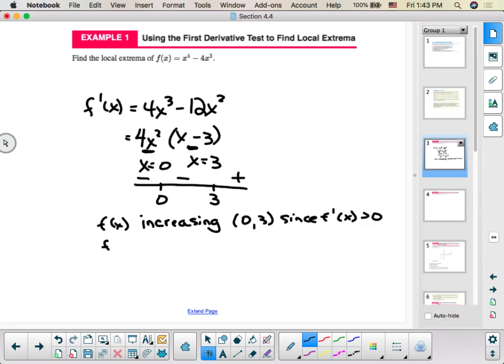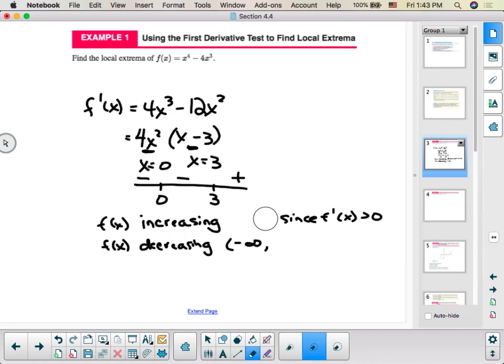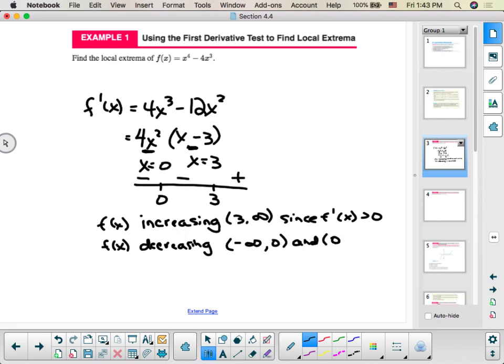We know that f of x is decreasing on the interval negative infinity to 0 and 0 to 3, since the derivative is negative.